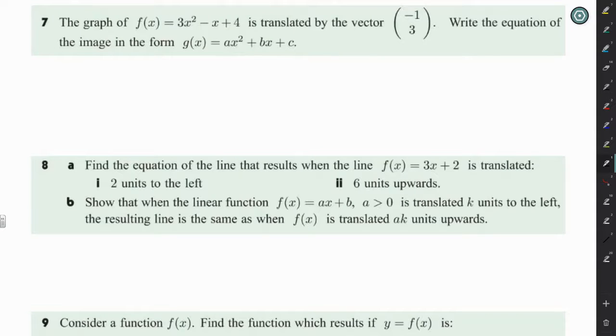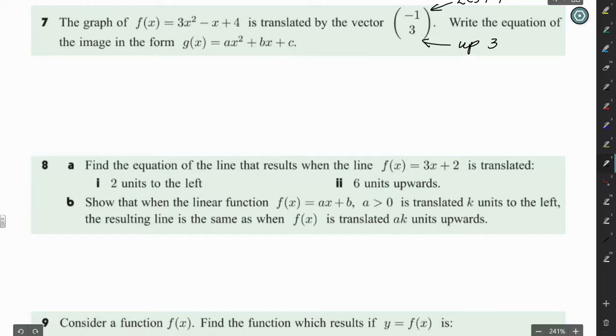Okay, for number 7, the graph of f of x is translated by the vector -1, 3. And we're going to write the equation of the image in standard form. So what you're seeing here is what's called a translation vector. So the vector is moving this function left 1 and up 3.